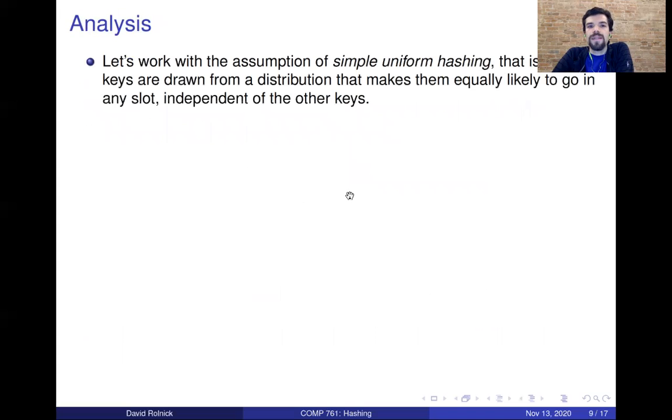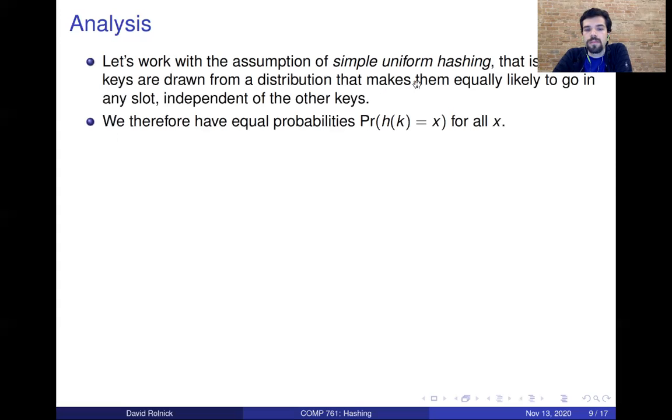Okay, let's analyze this a bit. Let's work with the assumption of simple uniform hashing for the moment. That is, the keys are drawn from a distribution that makes them equally likely to go in any slot, independent of the other keys. In particular, we would have equal probabilities of having any value of the hash function.